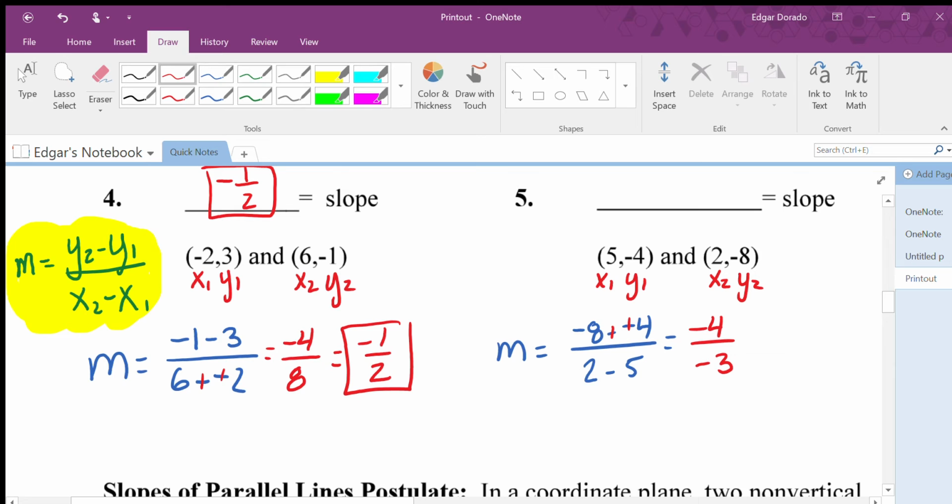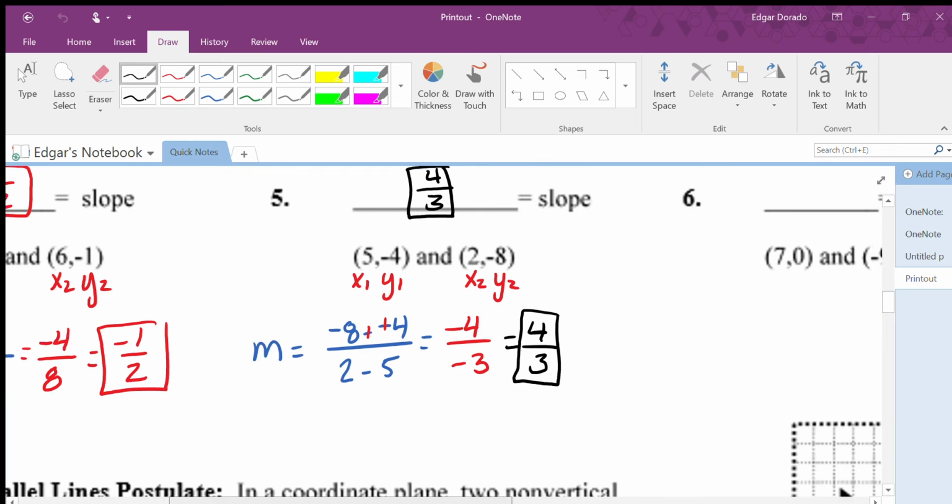Okay. Notice I have two negatives, one in the top, one in the bottom. Anytime you're dividing or multiplying two negatives, they really just turn into a positive. So this is really just 4 over 3.